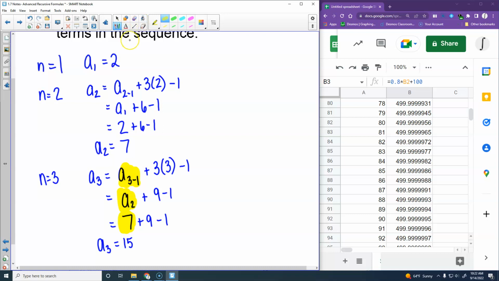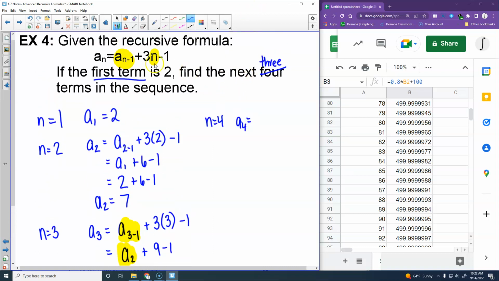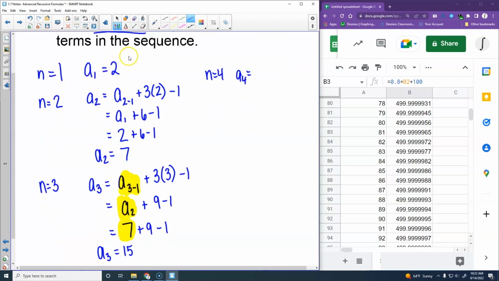So whenever I look for a sub 4, so when my n equals 4 and I'm finding a sub 4, I need a sub n minus 1. 4 minus 1 is 3. I'm looking for a sub 3, right? It's the term that came before it. What was that? It was 15 right here, right?